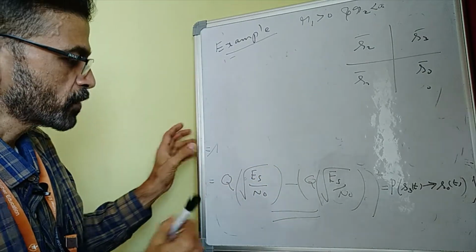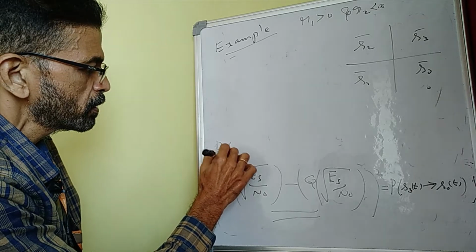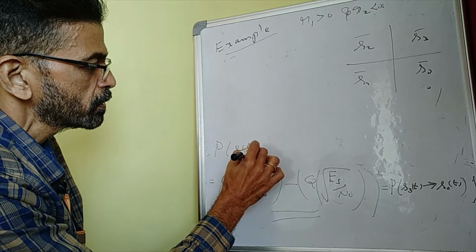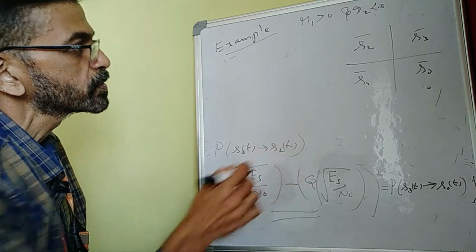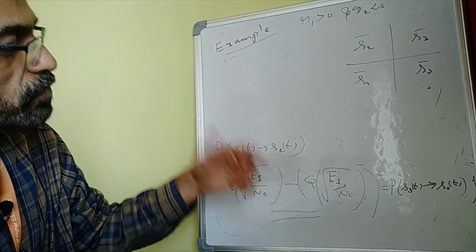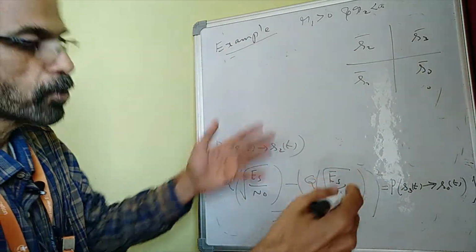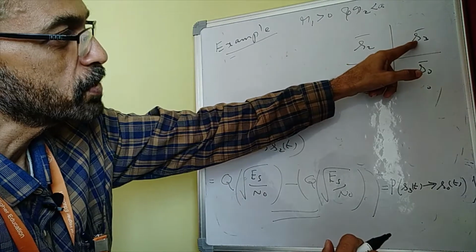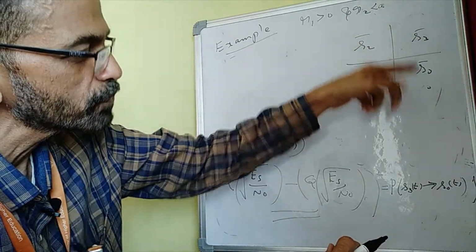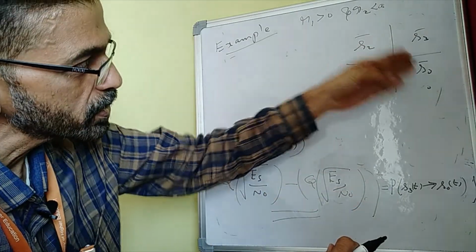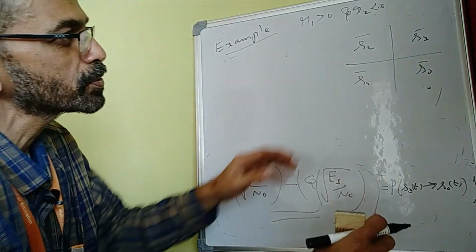So this will be the same as this. S3T being detected as S2T will be the same as S3T being detected as S0T, which means the probability of S3T being detected as either S0T or S2T will be the sum of the two probabilities, because both will not happen; you either detect it as S0T or S2T.